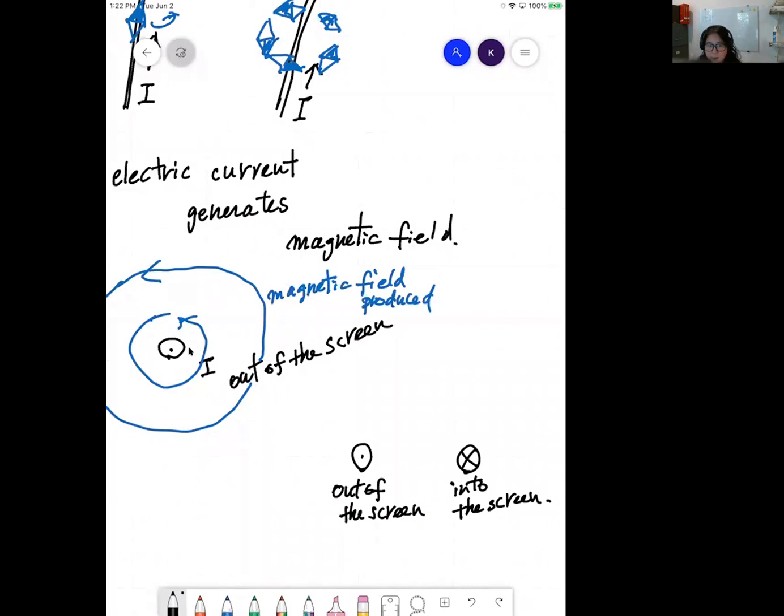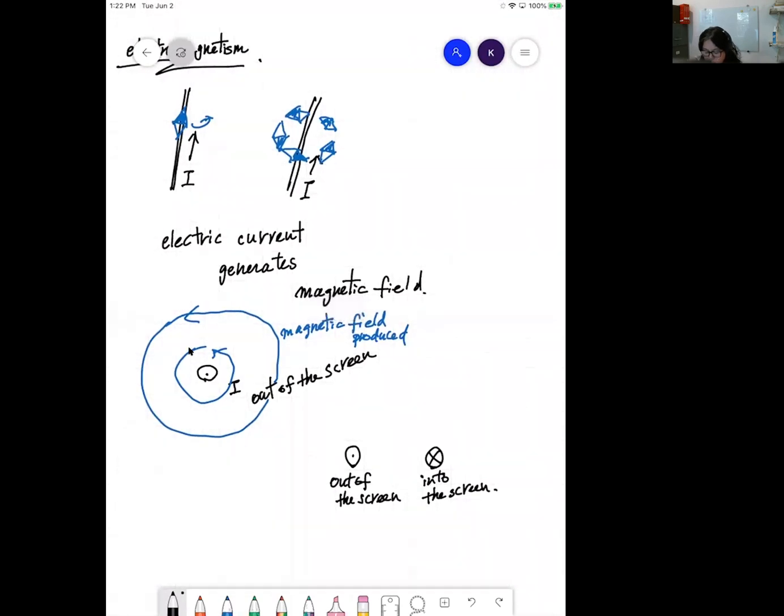So if you have a current coming out, the magnetic field is produced like that. If you have a wire going into the screen, then the magnetic field is produced like this, in this direction.